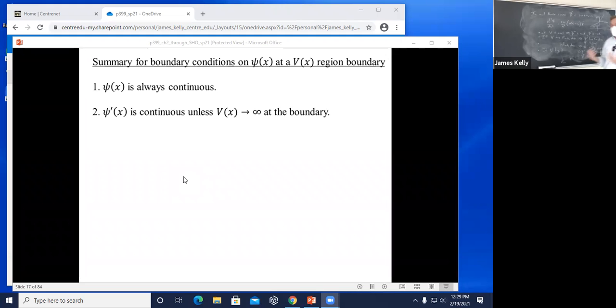Okay, so sometimes we'll have two boundary conditions, sometimes we'll just have one boundary condition, and we'll just have to keep that in mind. The important thing for us is, let me check the time, we're going to go back and apply our boundary conditions for the infinite square well here.